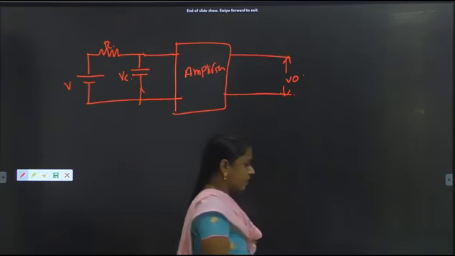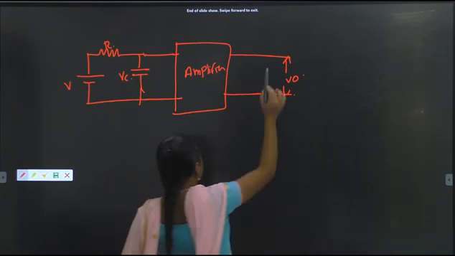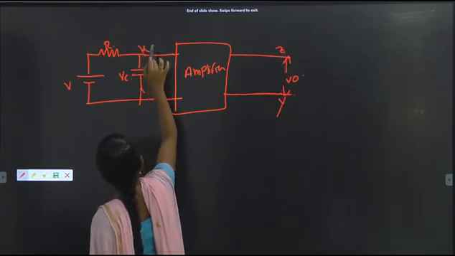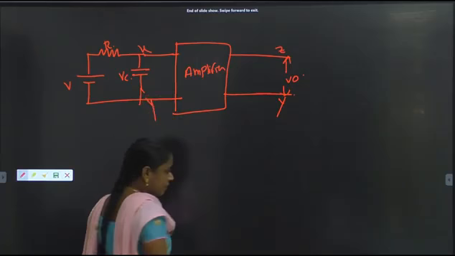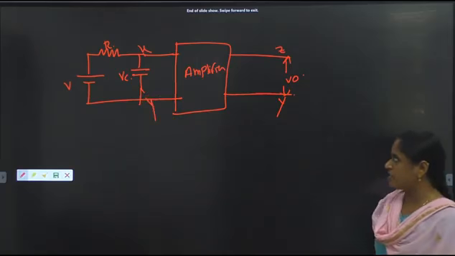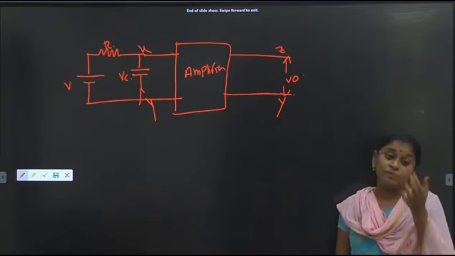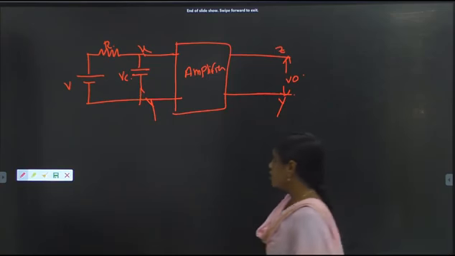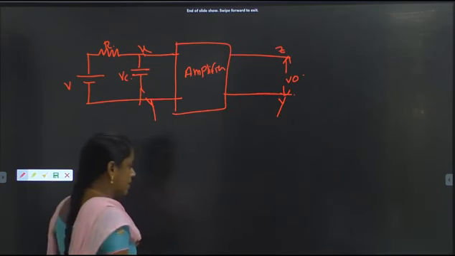The output V0 is taken in between Z and Y, and the input is applied in between X and Y. Here the amplifier circuit is replaced with its equivalent circuit, that is A Vi and Ri.